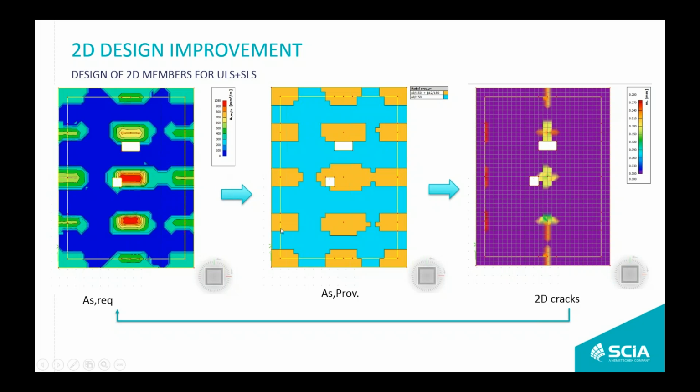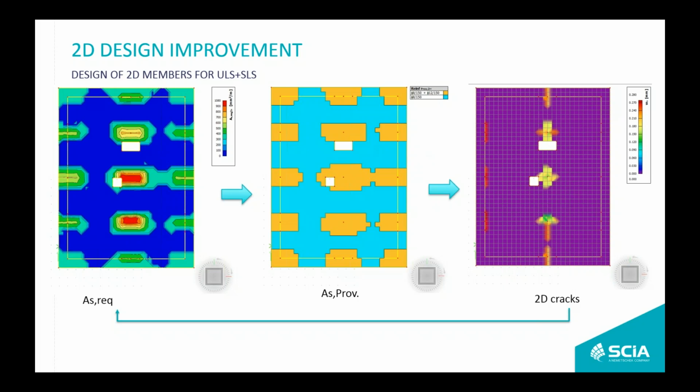These are then converted to provided reinforcement, which is a combination of the basic reinforcement and additional bars that cover the extremes of the required reinforcement areas.